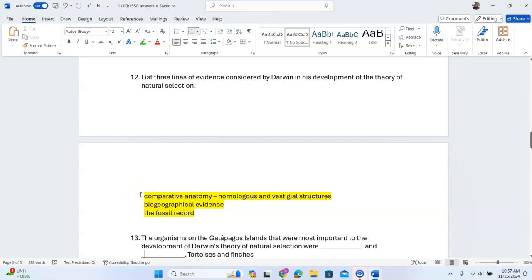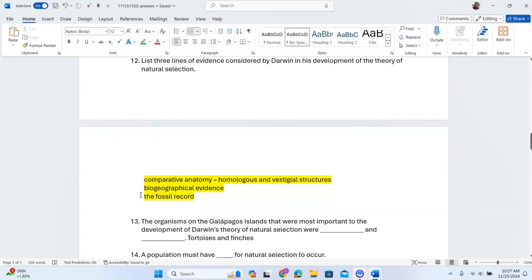So when we study homologous and vestigial structures and embryological evidence, what we're studying is called the field of comparative anatomy. We're comparing anatomy. So comparative anatomy was Darwin's 3rd line of evidence. Comparative anatomy, biogeographical evidence like the finches and the tortoises, and the fossil record.